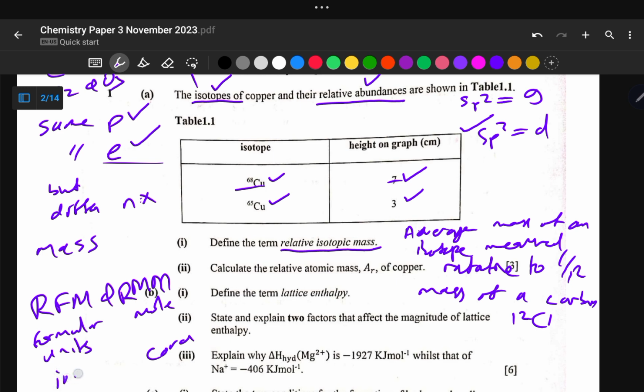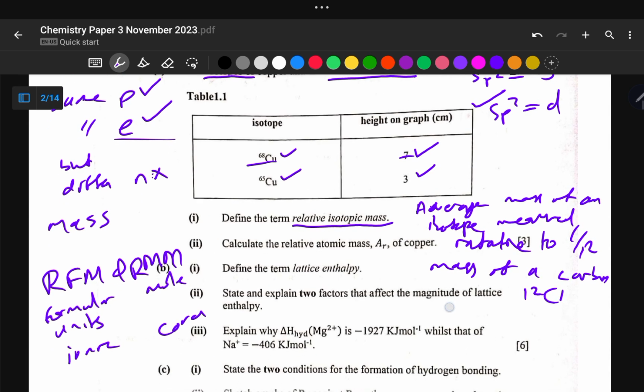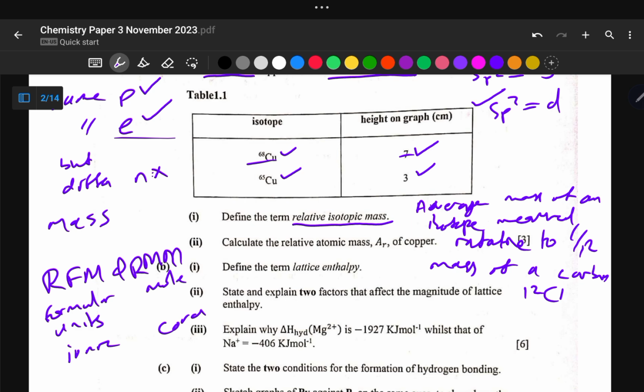Relative formula mass is defined as the average mass of the formula units found in an ionic compound measured relative to 1/12 mass of a carbon-12 atom. And relative molecular mass is defined as the average mass of a molecule measured relative to 1/12 mass of a carbon-12 atom. So that is the definition you need to be aware of, right?